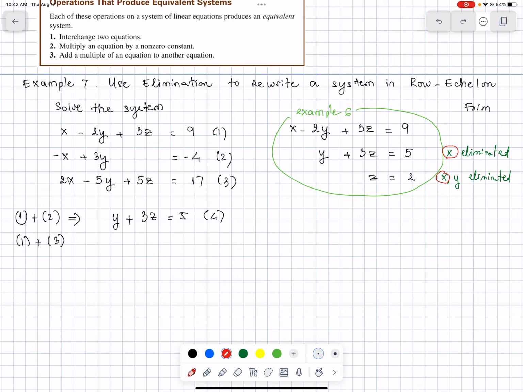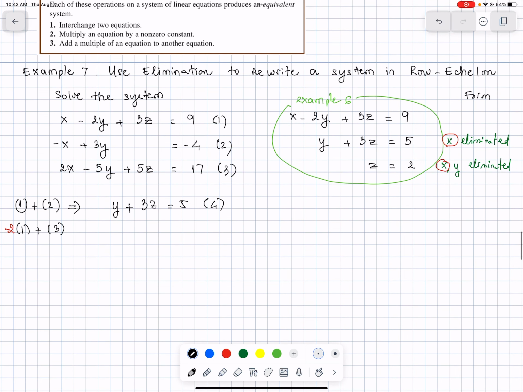So I multiply the first equation by -2, and it becomes -2x plus 4y minus 6z equals -18.